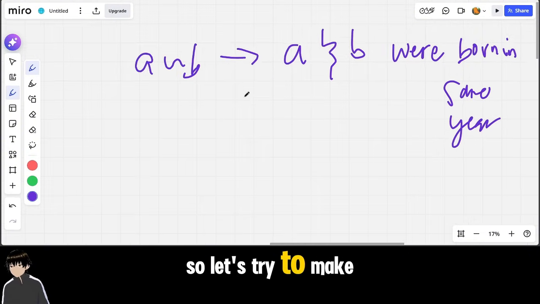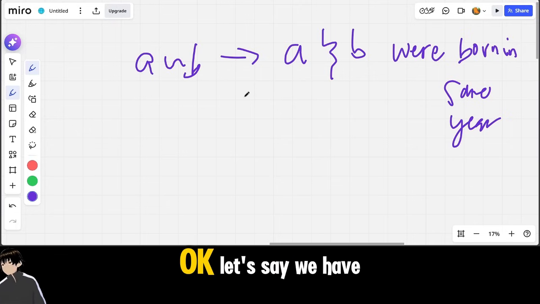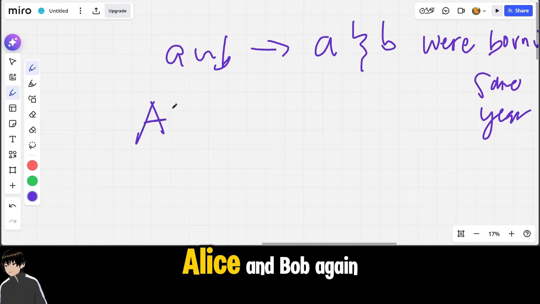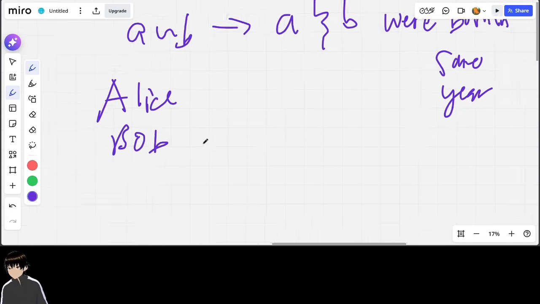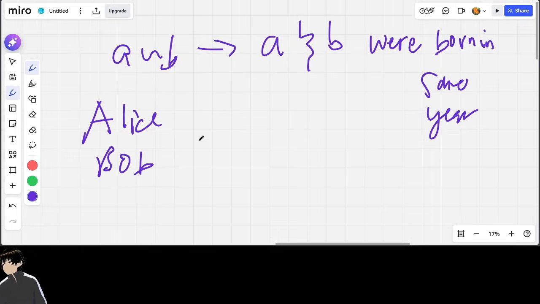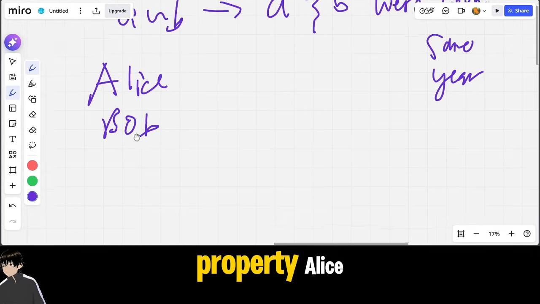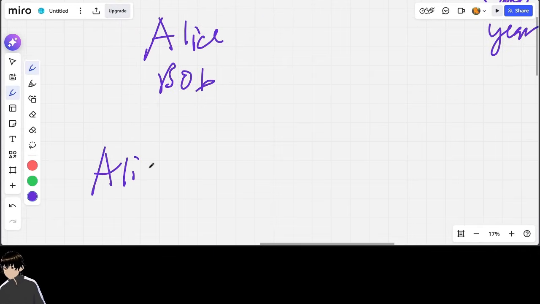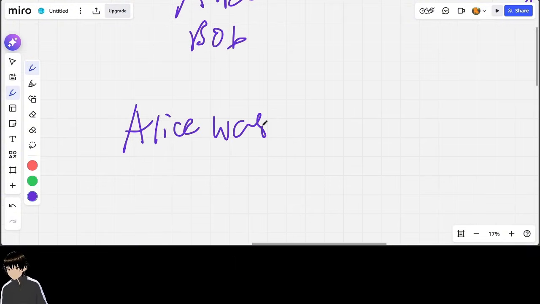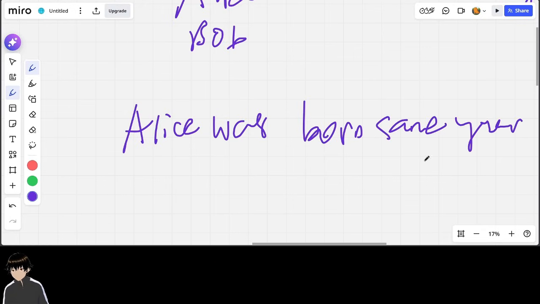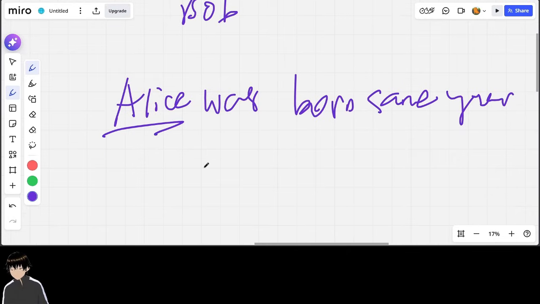So let's try to make examples out of that. Let's say we have Alice and Bob. Let's try with the reflexive property. Alice was born in the same year as Alice.